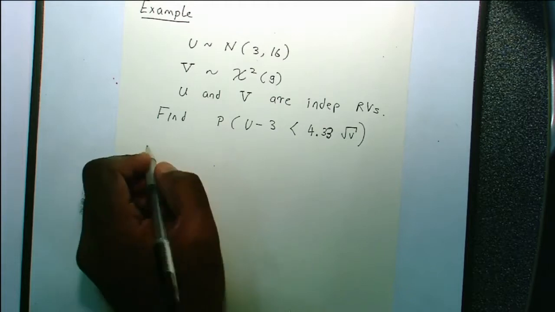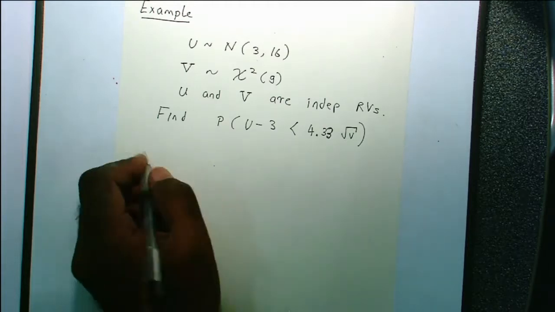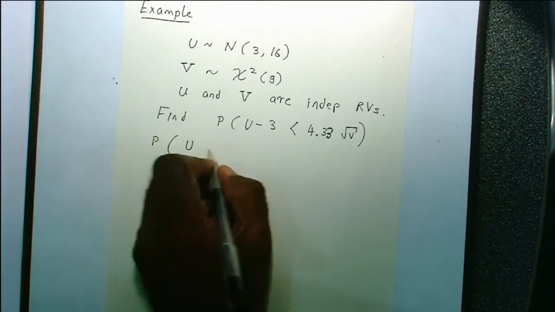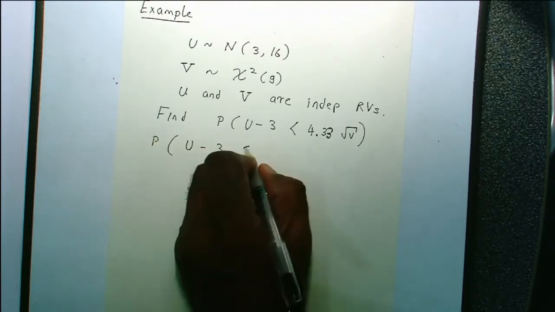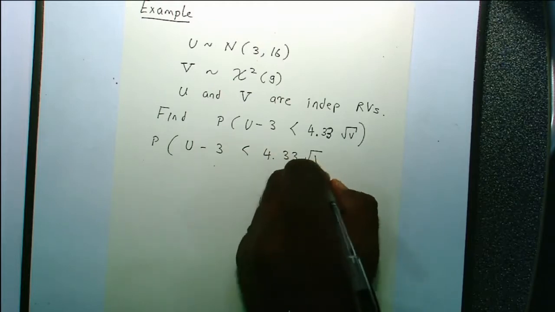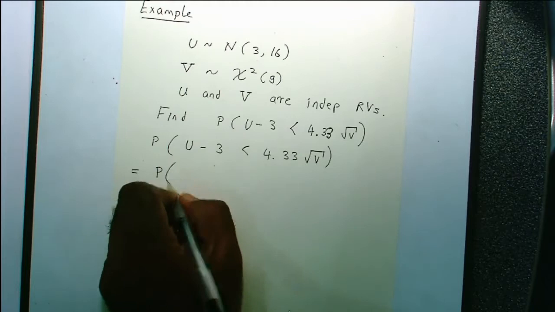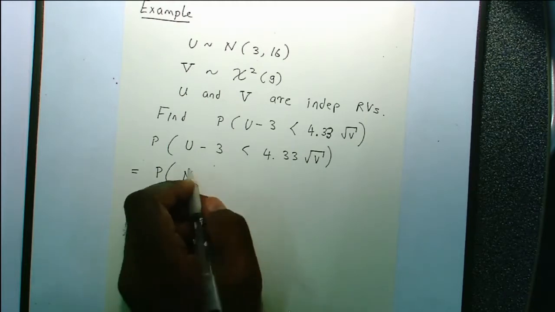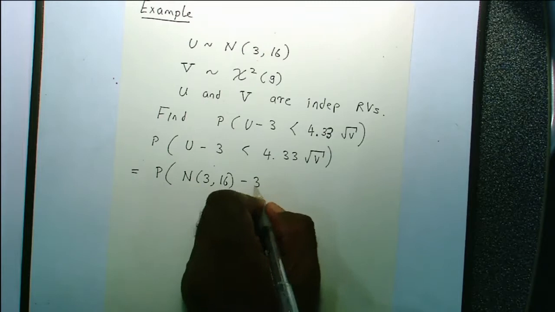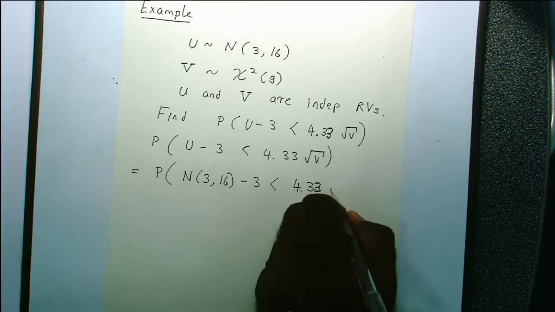So we want to find the probability of U minus 3, which is equal to the probability that, remember U is a normal variable with parameters 3 and 16, minus 3 is less than 4.33 root of V.